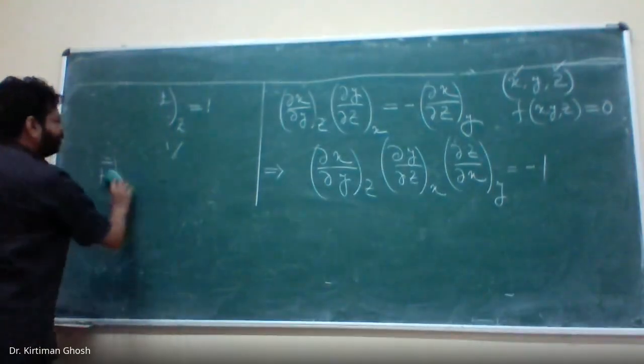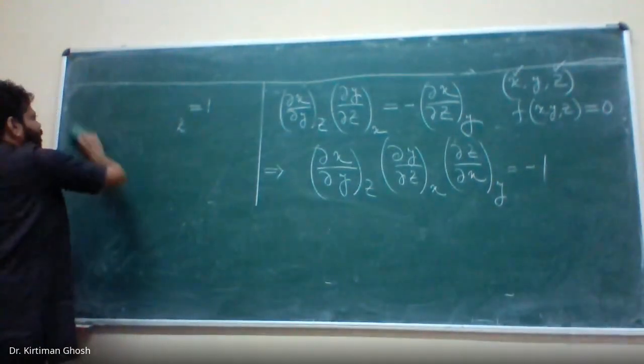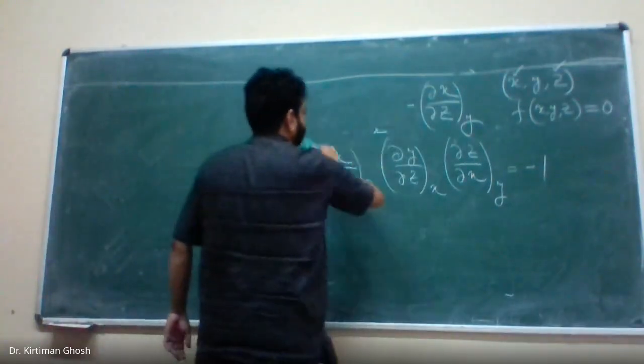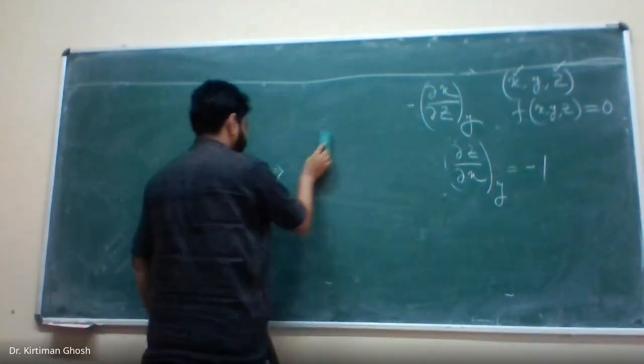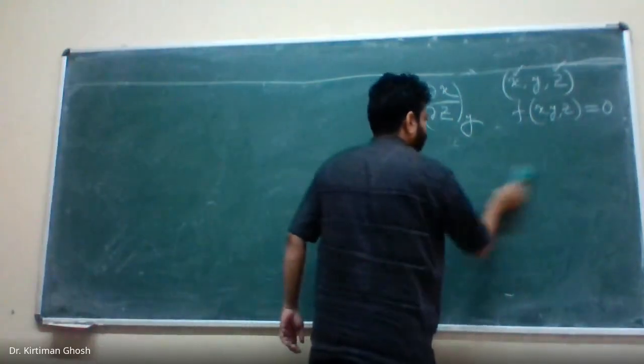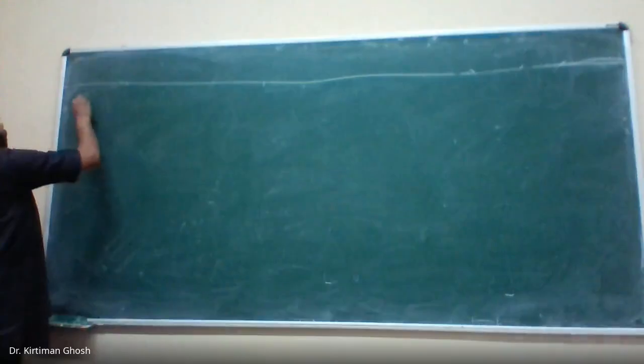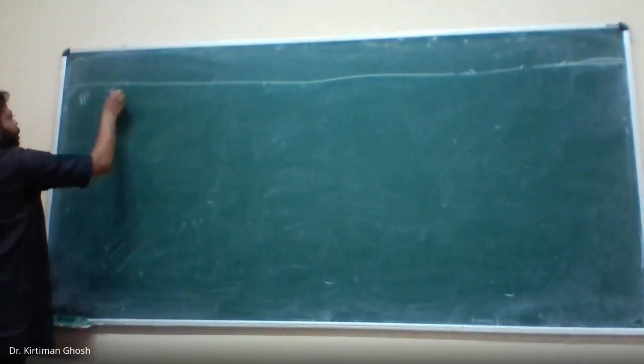Okay, so what is the advantage of these relations? Let us try to understand with the example of a realistic thermodynamic system. Let us start with the system of ideal gas. This is our favorite thermodynamic system.